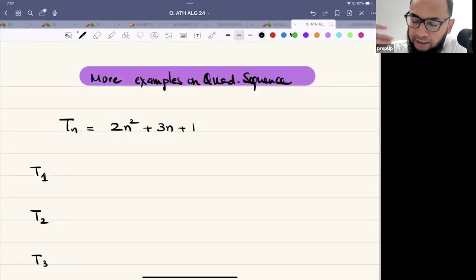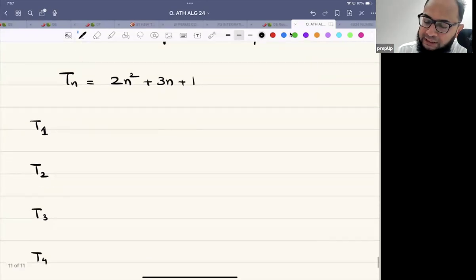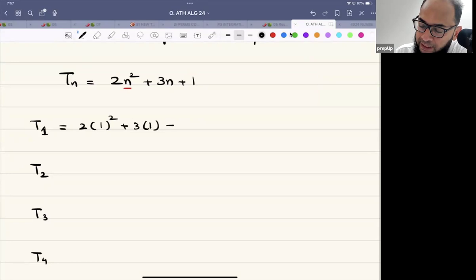So now we are explaining this particular thing. This is 2n square plus 3n plus 1. As long as there is a square, it's a quadratic sequence. So first of all, let me write T1, that is 2 into 1 square, 3 into 1 plus 1.